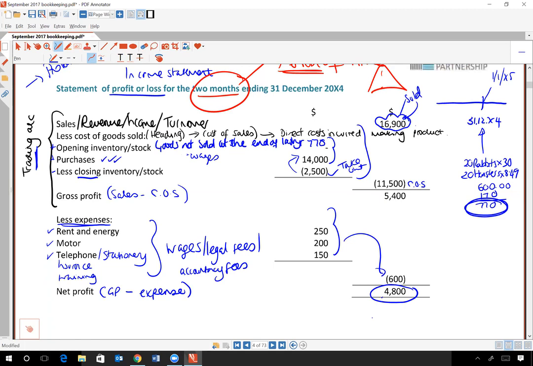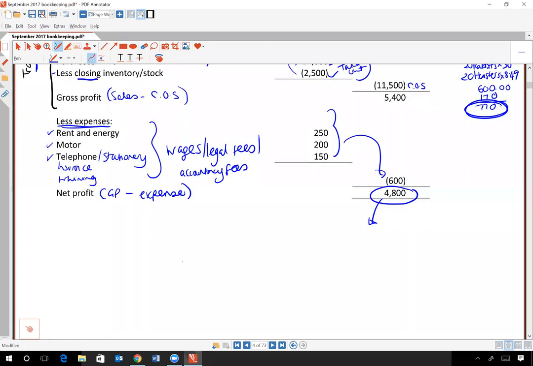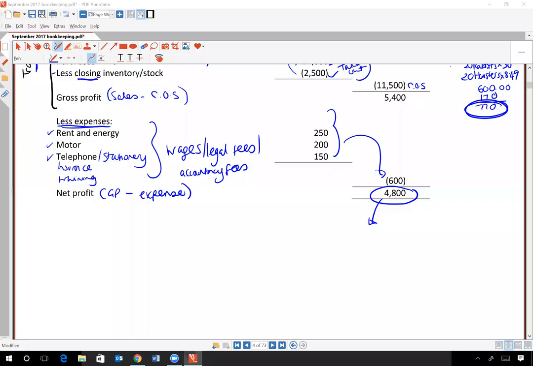Where did we say the net profit would go? But they're exactly the same outcome, which is right. It will go to the statement of financial position.